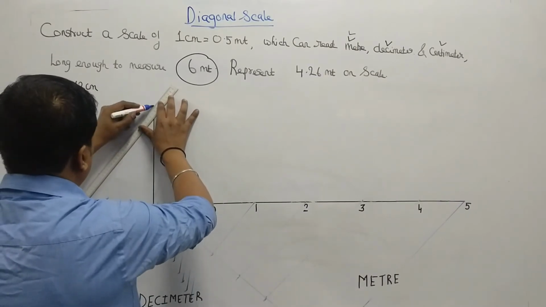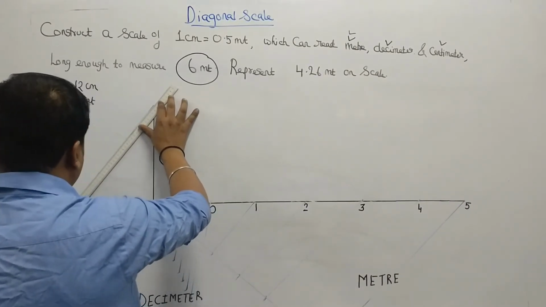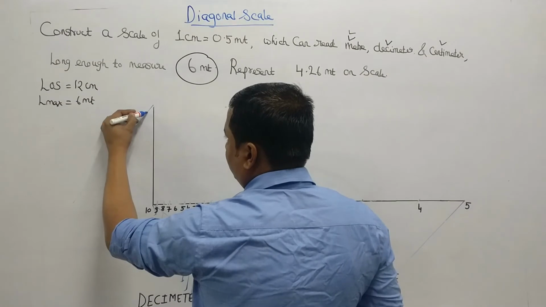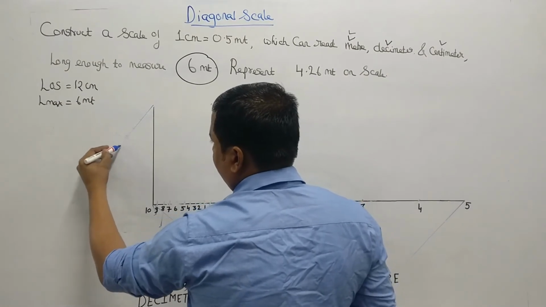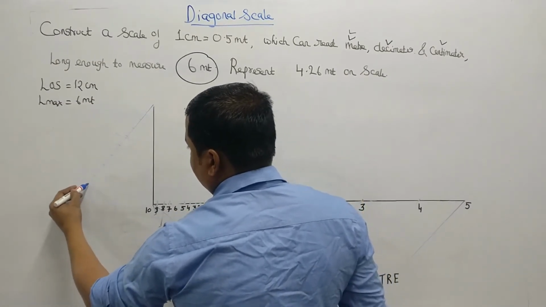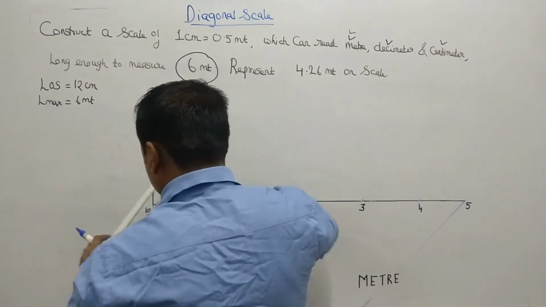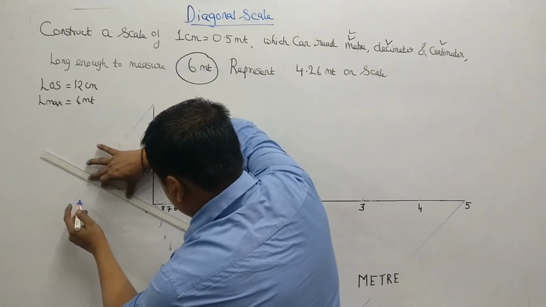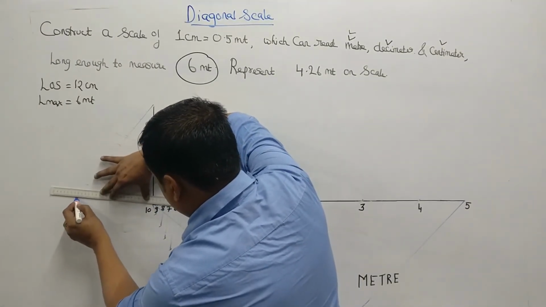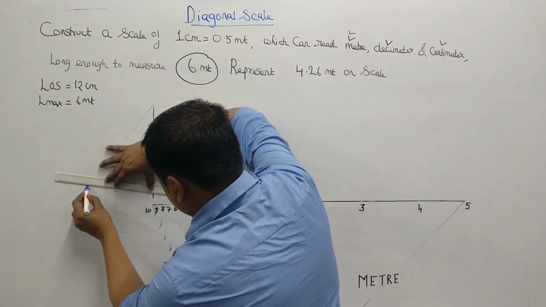So the graphical method is implemented like this. Draw a line at an acute angle, take a compass, and cut the first, second, third, 4, 5, 6, 7, 8, 9, and this is 10. Join the last cut with the end point, then draw parallel lines.